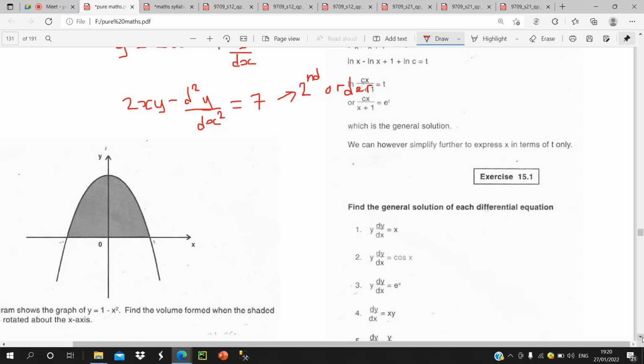Then step number two, integrate both sides, and introduce the constant of integration on one side, to obtain a general solution.